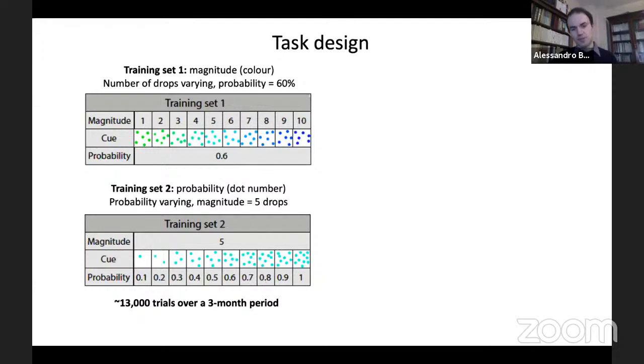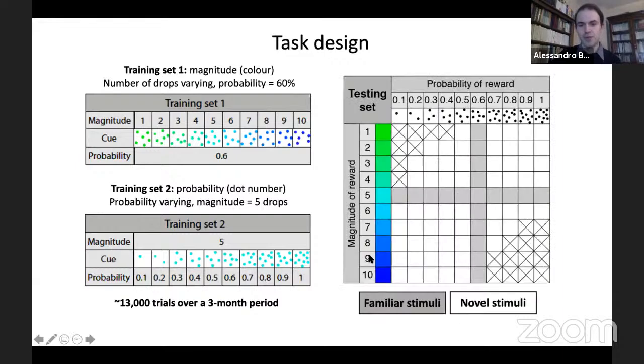And so these two training sets form this gray area in the more general space of all possible combinations. You can understand that the monkeys will potentially know about all the other areas, in the sense that they know the meaning of the color and the meaning of the dots, but they have never been trained on these white spaces, so they've never been reinforced by choosing this specific combination of color and dot.